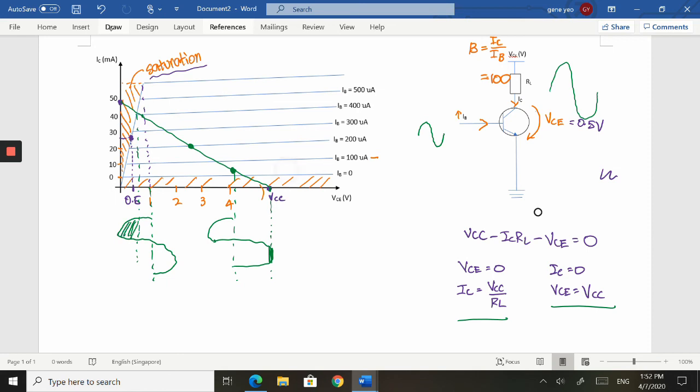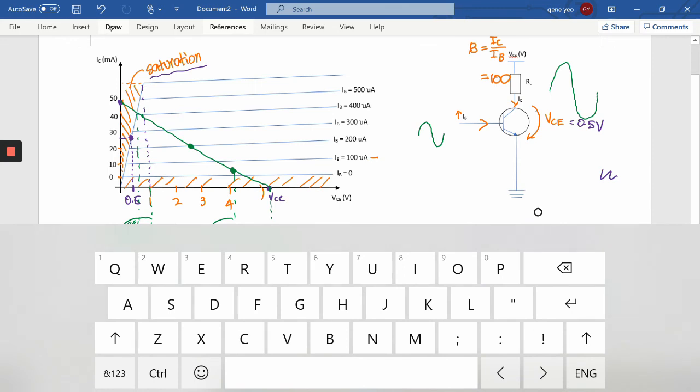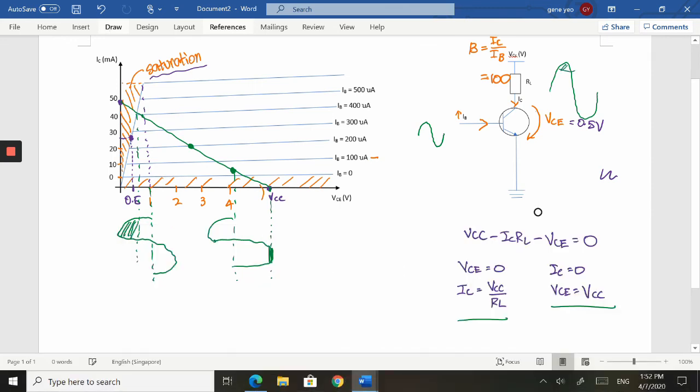So I don't want a distorted output signal. I do not want anything cut off here. I do not want anything cut off there. So what I do want is somewhere in the center where the output gives a very nice sine wave like this.